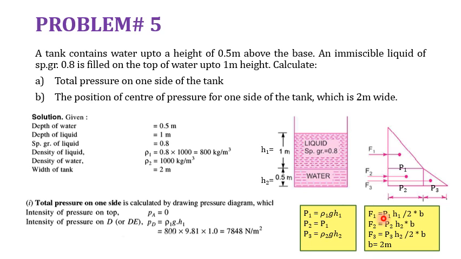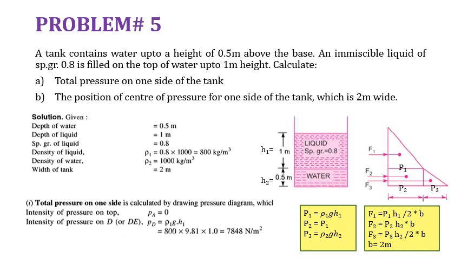So F1 is basically the base P1 into the height h1 divided by 2, the area of the triangle, multiplied by B, the width of the surface, the side of the tank. So F2 is P2 h2, because it is a rectangle now, into B, and F3 is a triangle, so P3 h2 into B divided by 2.